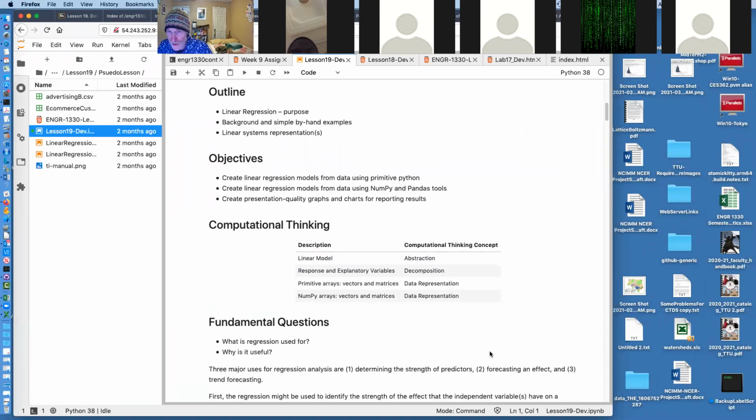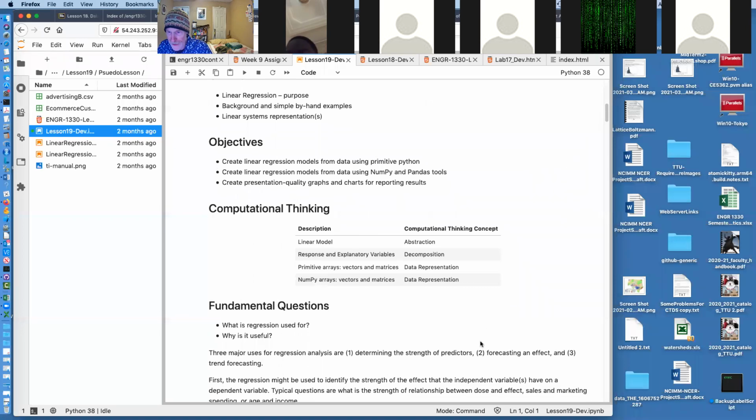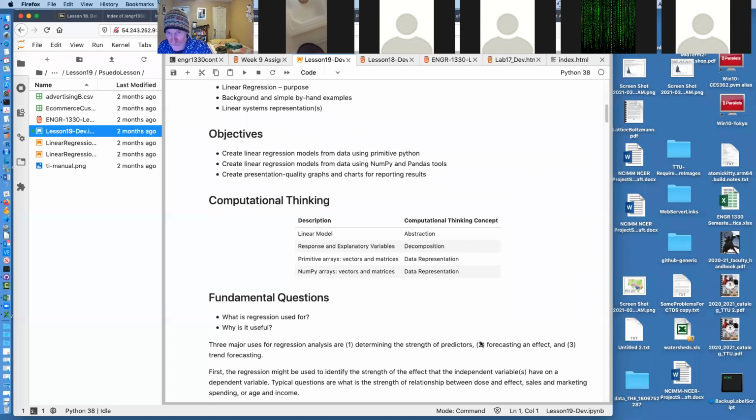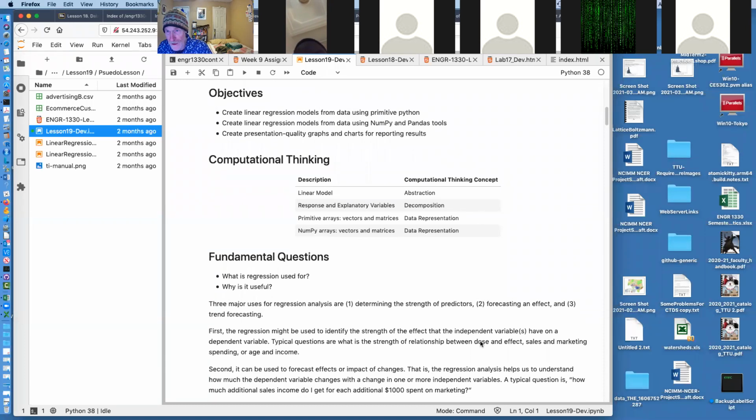So next we're going to look at the purpose of linear regression, some background, and then we'll look at it as a linear system. And then in lab, you will get to play with some of these ideas. So our 3 objectives for today are to create linear regression models from data using primitive Python structures.